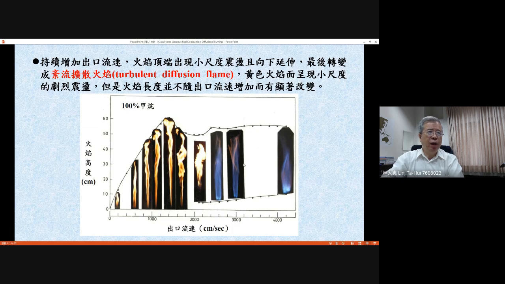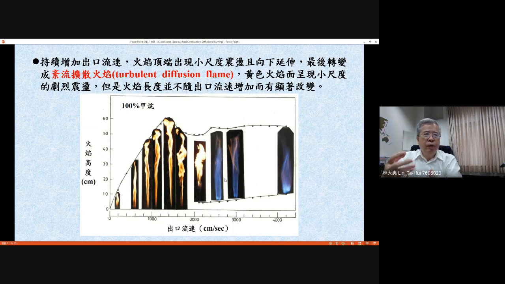And the second one is the flame length. If you count from the base of your flame up to the top, the flame length is almost the same, it does not change too much. This is the second observation. The third observation is that the flame now experiences fluctuation without the wrinkling we explained for the previous flame.